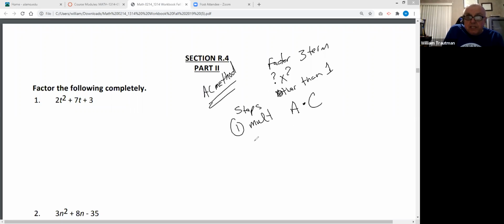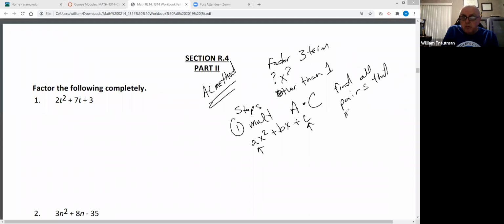If we write this down, AX squared plus BX plus C, do you see the number in front of x squared is A and the number without the x is C? So step 1, multiply AC, find all pairs that multiply. Here's A and here's C.